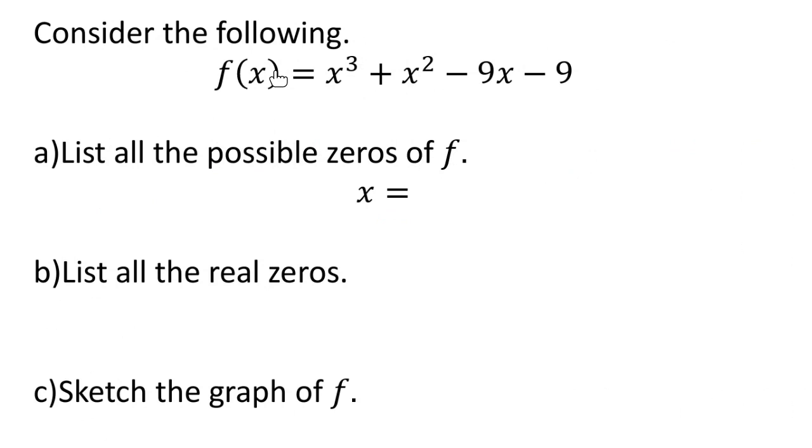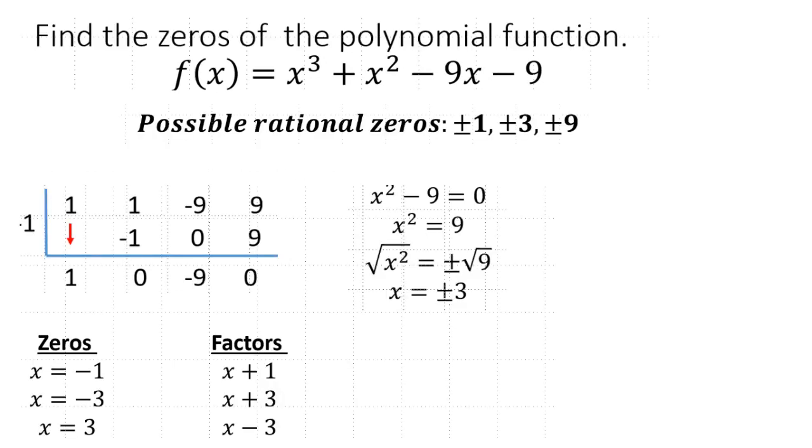Okay, so the last type of questions you're going to have is where they ask you everything together. So they want you to list your possible zeros, list all the real zeros, and then they want you to sketch the graph. And I believe we already did this same example. So for the possible zeros, we're just going to list them there.